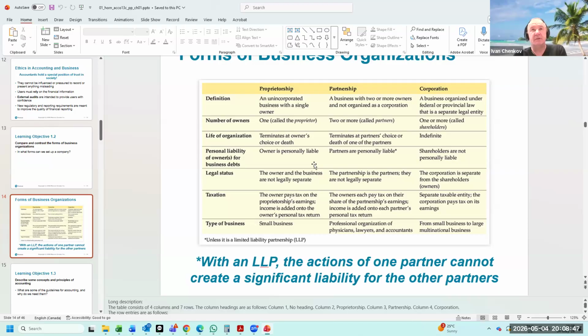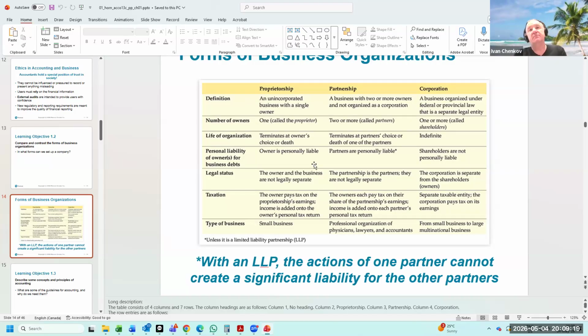First one is by definition. Proprietorship is an unincorporated business with only one owner. Partnership, on the other hand, is a business which has two or more owners. And a corporation is a business organized under federal or provincial law as a separate legal entity.